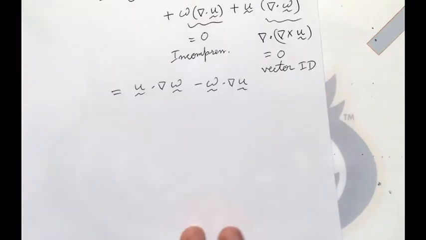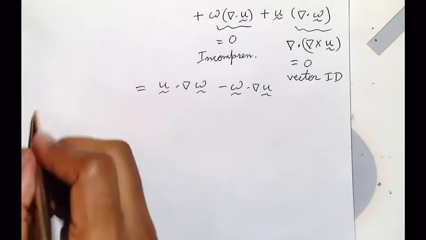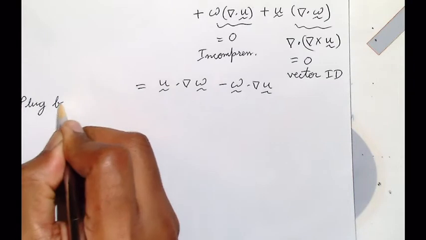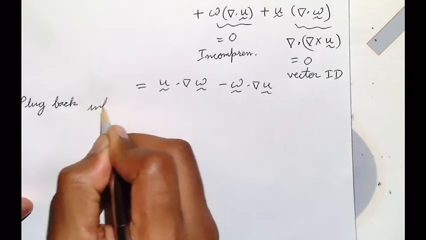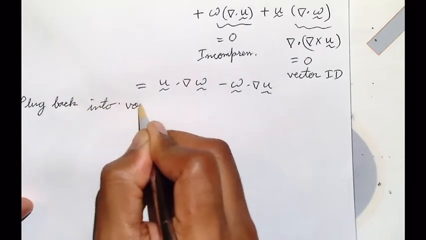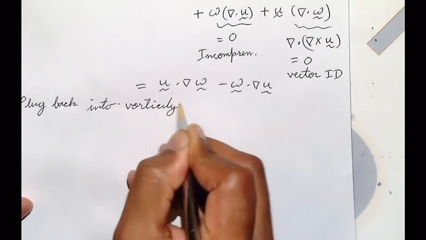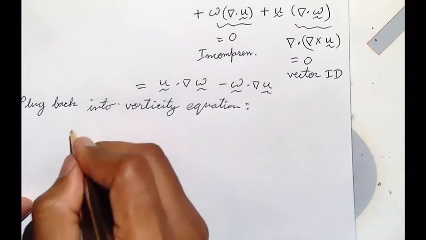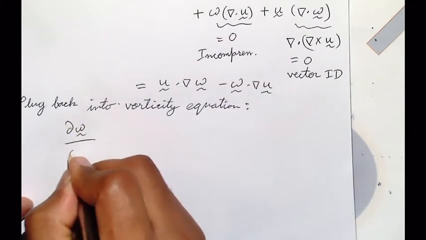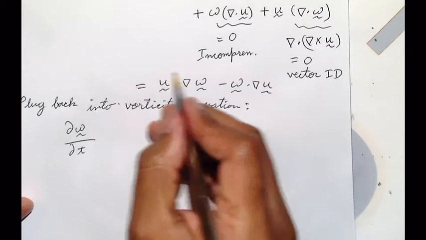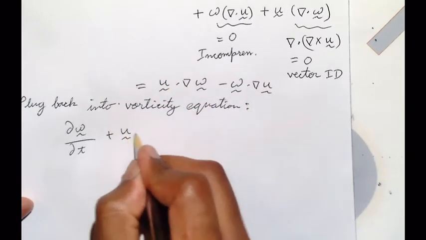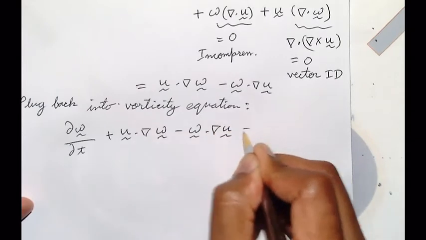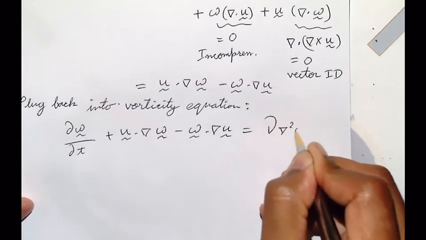If we go back to our momentum equation and plug back into the vorticity equation, we have the time derivative of omega and these 2 terms: u dot nabla omega minus omega dot nabla u equals nu nabla squared omega.